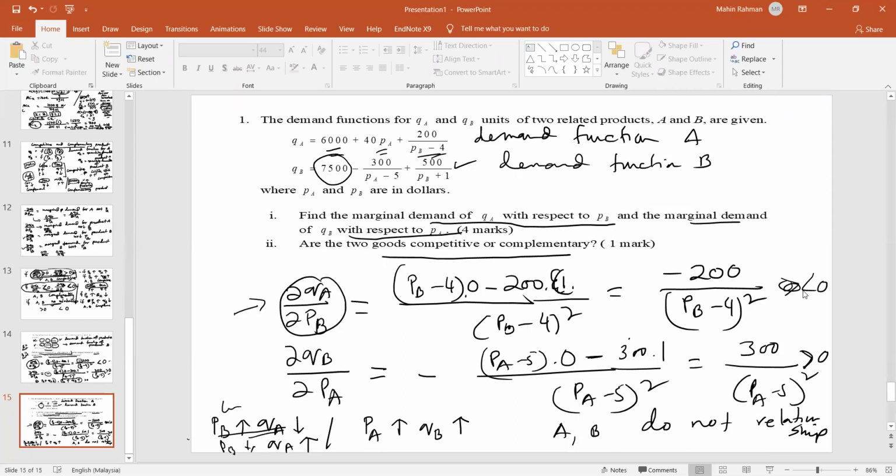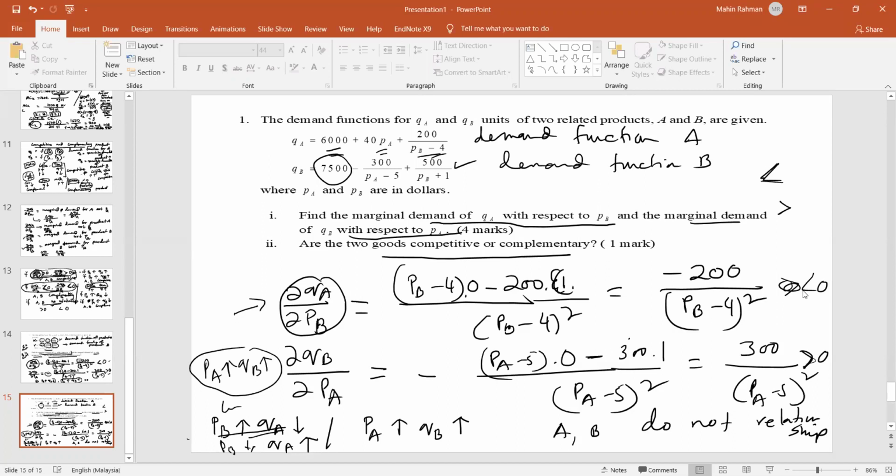And this one is positive, so that means if PA is increased, the quantity of product B also increases. So A and B are not related, because they are showing different signs, one negative, another one positive.